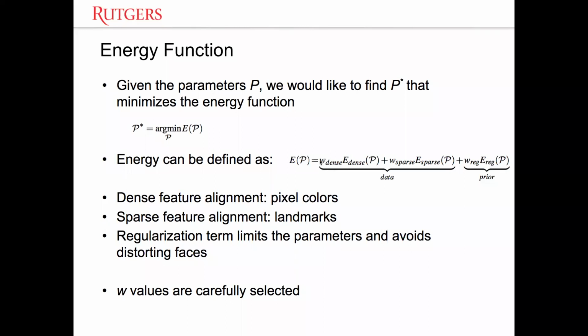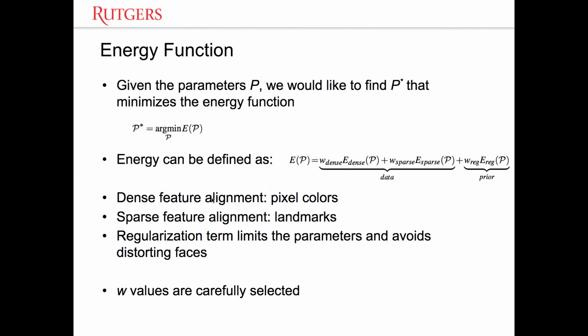We also have weights that balance between them. Let's say if we think the dense feature alignment is more important than the sparse and the regularization term, we can increase the dense weight.